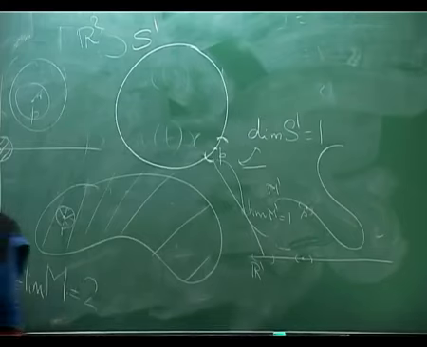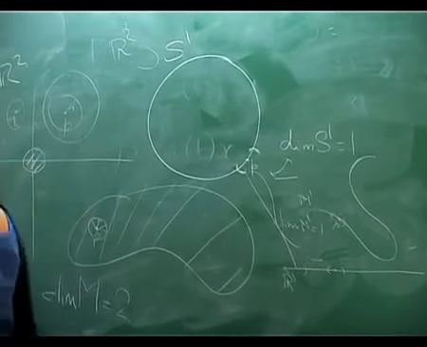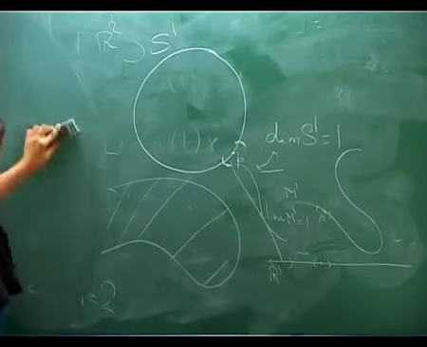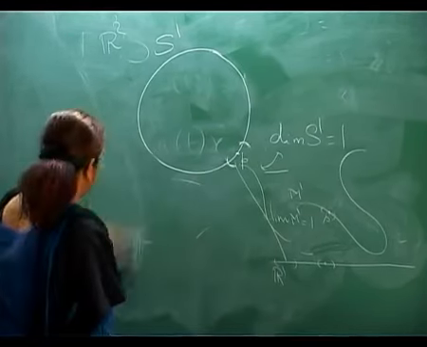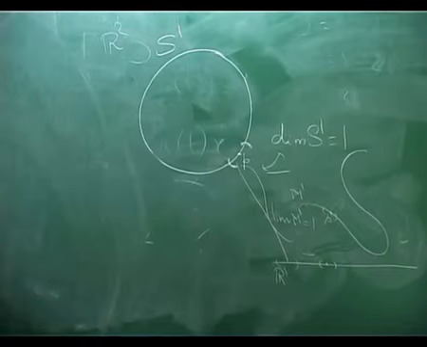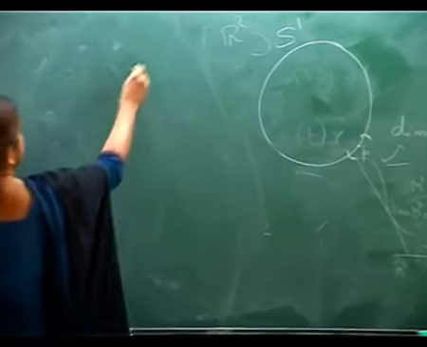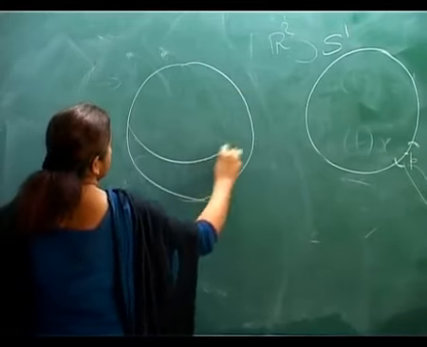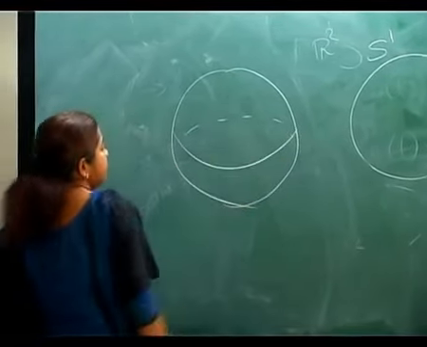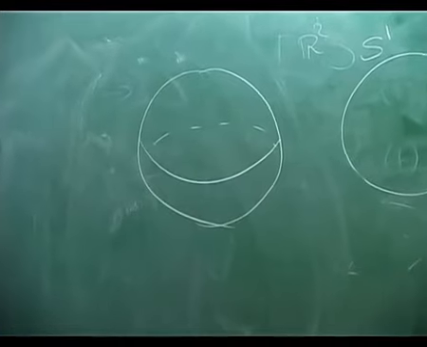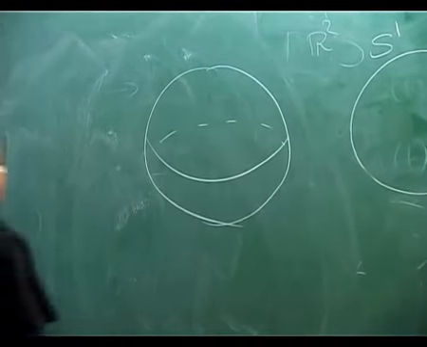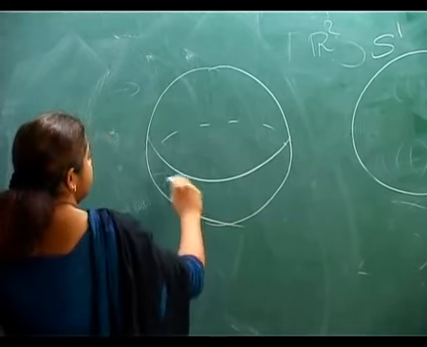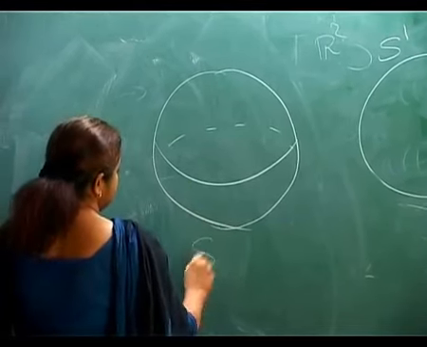Now another example would be to look at a sphere. So a sphere, we know that this is a three-dimensional object, and sorry, it's not the filled one, so it is the empty object. So this is actually a two-dimensional object, S2.